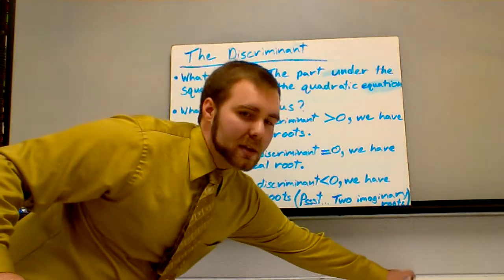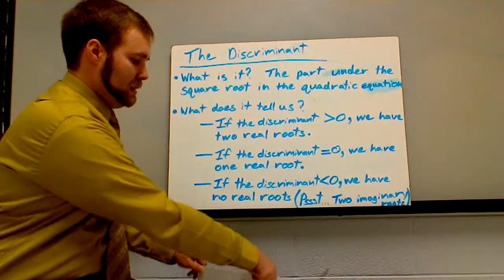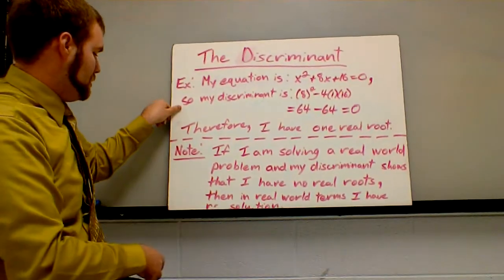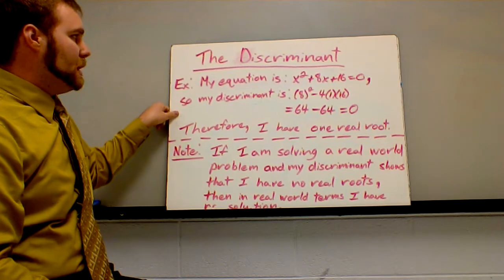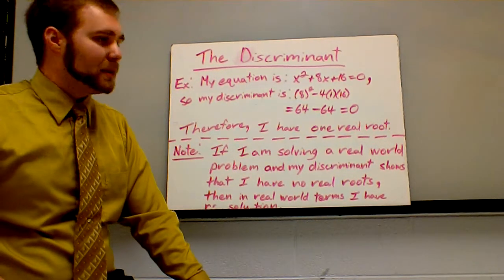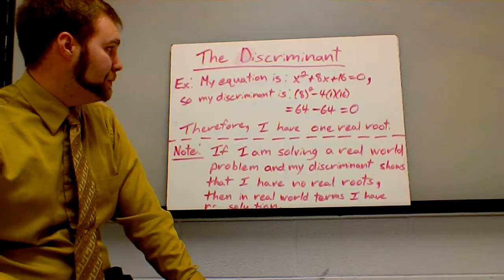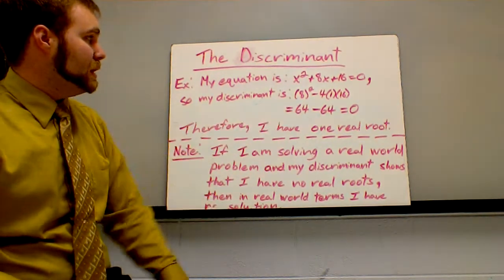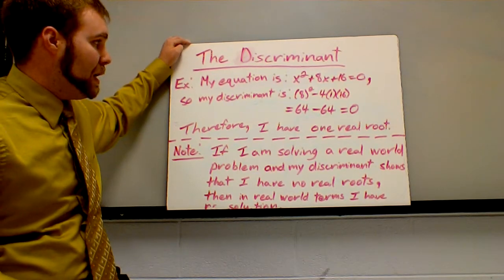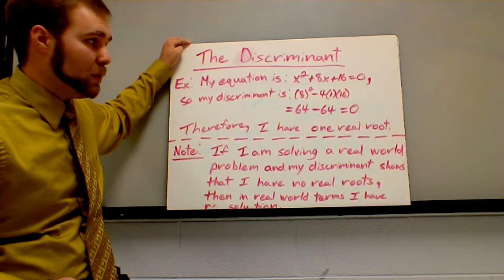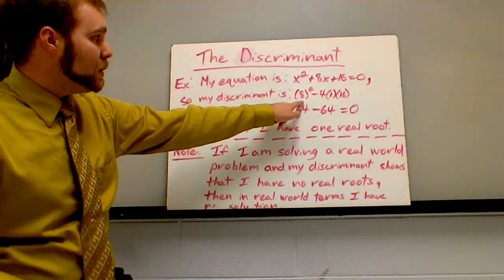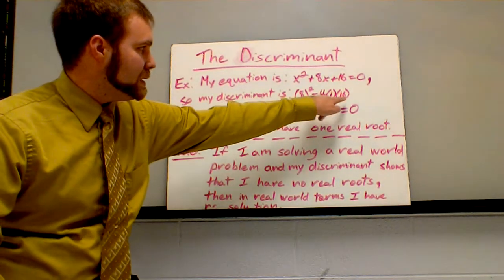So let's go over an example of what the discriminant is and how to use it. So if I have this equation right here, x squared plus 8x plus 16 equals 0, this is my discriminant. And how I'm getting that is I'm looking back at my formula for the quadratic equation, and it gives me b squared minus 4ac.